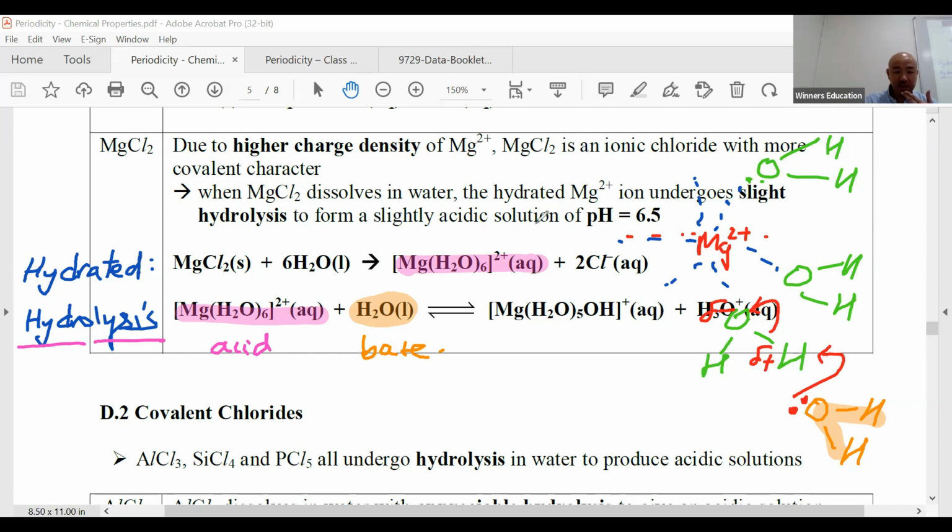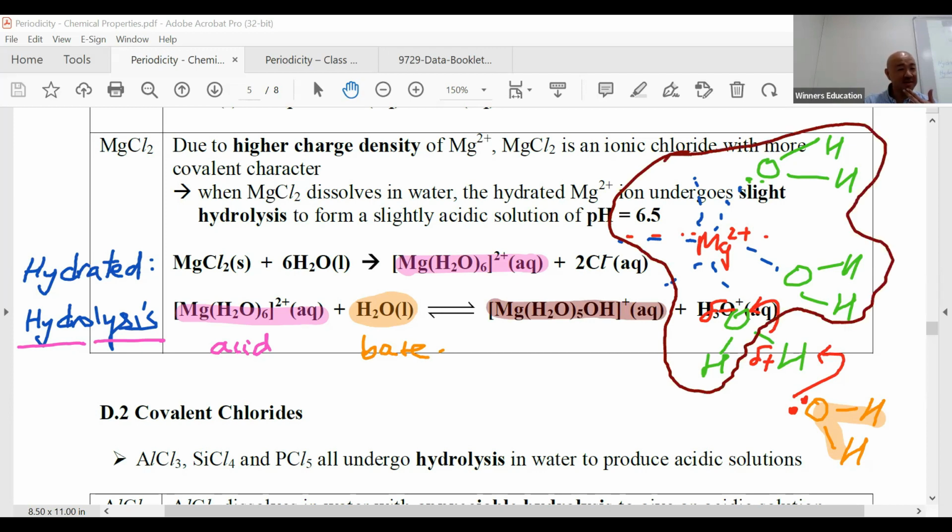In brown. This, slowly, is actually the reaction. Make sense? And this, a bit overlaid on my H3O plus, is this. So once again, there are 2 reactions occurring and that cause it to have a pH equals 6.5.